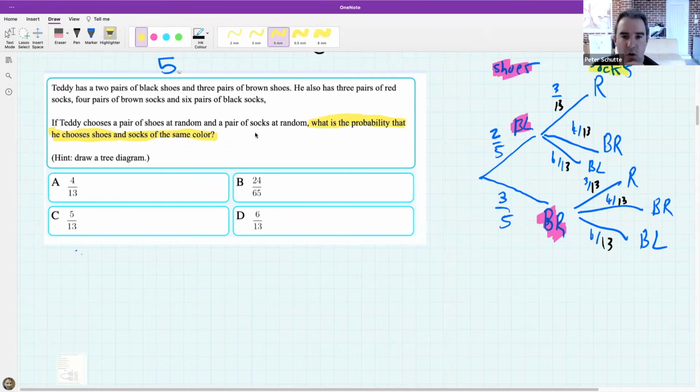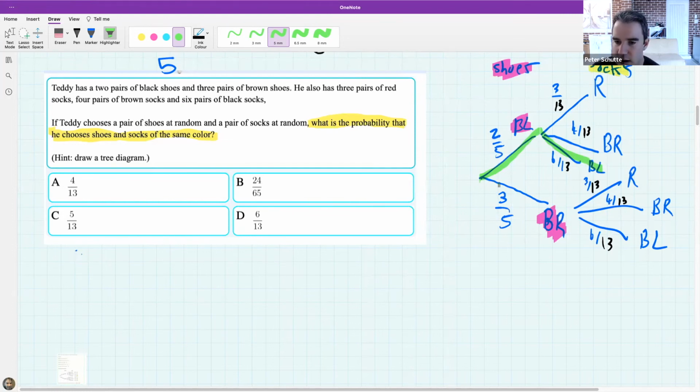So which of the branches do you think is a favorable outcome for us? We're asking about when shoes and socks are the same color. And so for me, it feels like this branch over here is the only branch on the top that can have the same color shoe and socks.